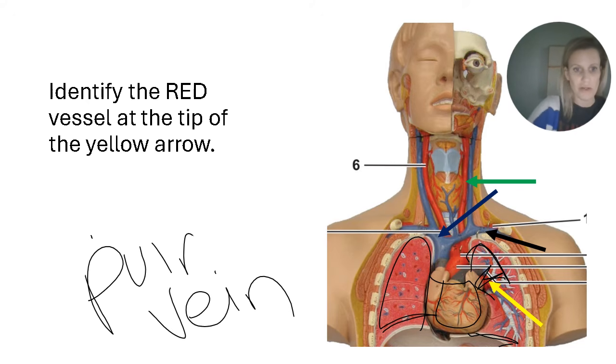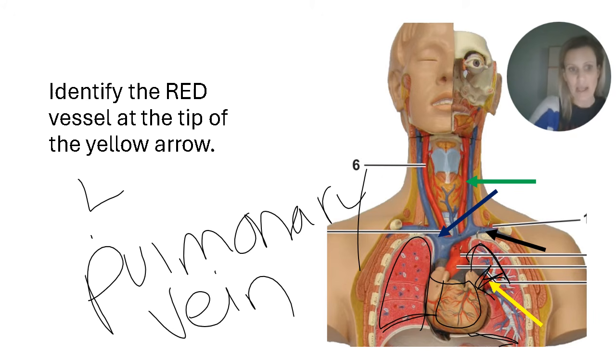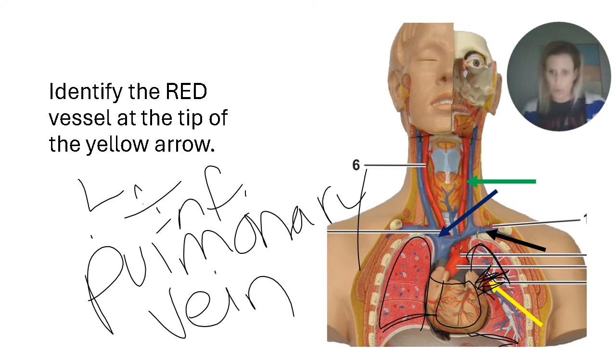So it's pulmonary. That's the left side. And then we just have to see if it's superior or inferior. I honestly can't see from here. I think it's inferior. There's two of them. There's one on the top and one on the bottom. If it's the one on the bottom, then it's the left inferior pulmonary vein.